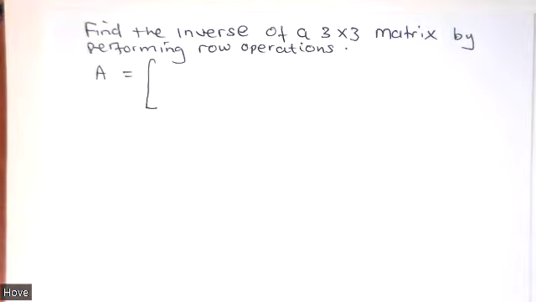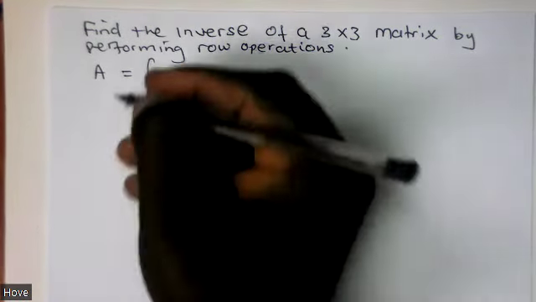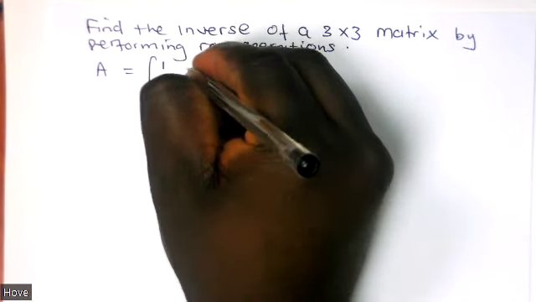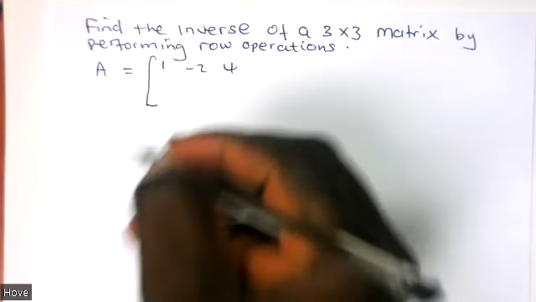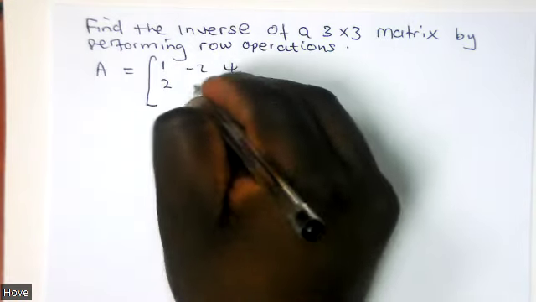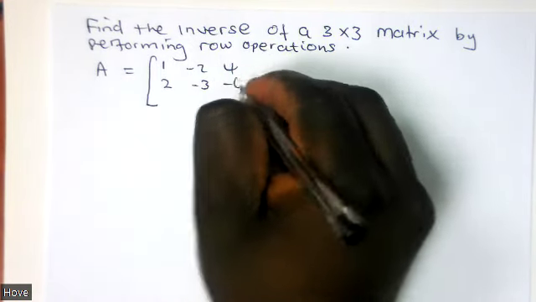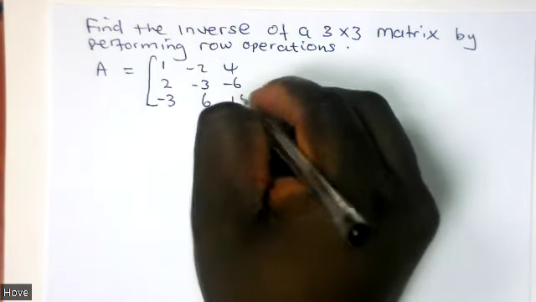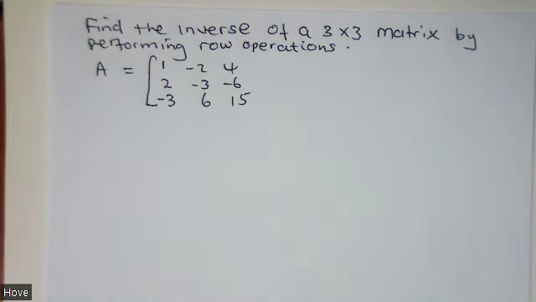So let me go through this by using a simple example. Let me assume that we have the matrix 1, minus 2, 4, 2, minus 3, minus 6, minus 3, 6, 15, and we are required to find the inverse of this matrix.